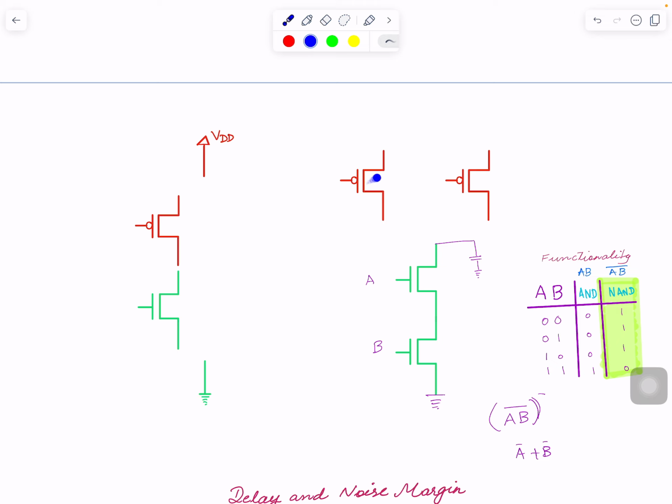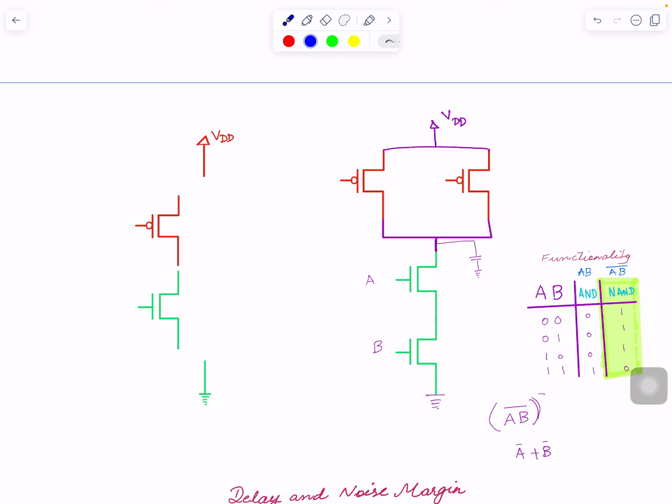Right? This on input, let's look into this. Let's connect them. Let's make it a little bold. Okay, so this one is connected to VDD.